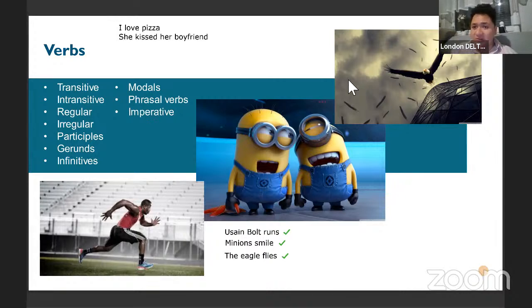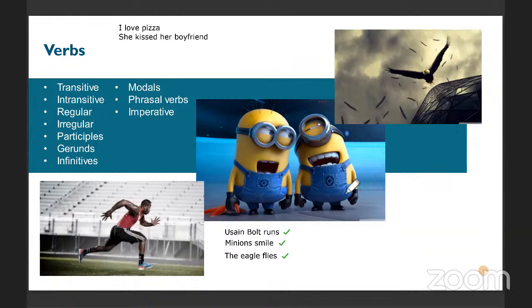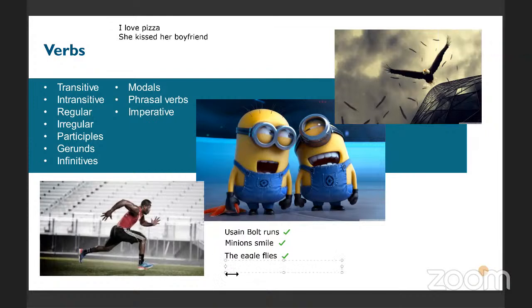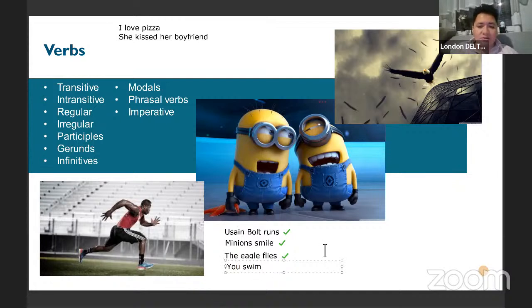Some verbs can be transitive and intransitive, but in some contexts. But this is the difference. Any questions? Example, swim could be an intransitive verb. Yes, very well. You swim. You don't need to say anything else. You cannot swim another person.